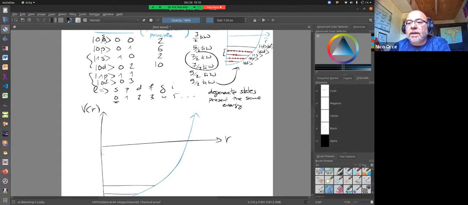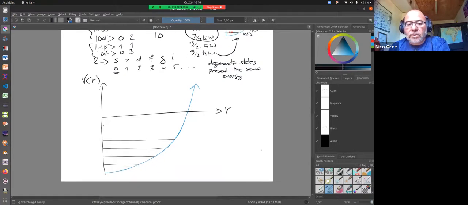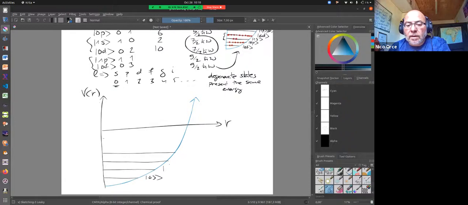Let's just draw these four, although we can continue. This is going to be the 0s. This is going to be the 0p. This will be the 0d and the 1s together, same energy. And the next one will be the 1p and the 0f with the same energy, right?